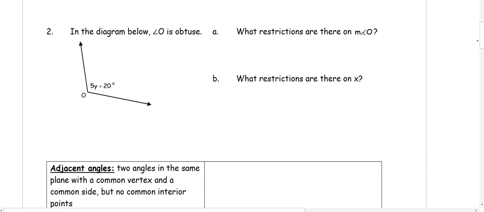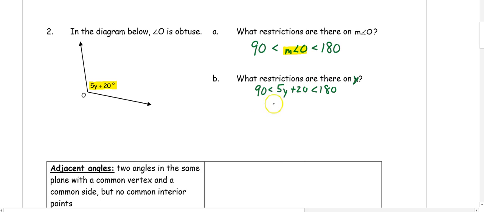Number 2, in the diagram below, O is obtuse. So remember, obtuse means that you have to be greater than 90 degrees, but less than 180 degrees. So again, we're going to solve for our variable. So it says what restrictions are on y. So we're going to substitute our measure in for the measure of O and solve for y. So 90 is less than 5y plus 20, which is less than 180.